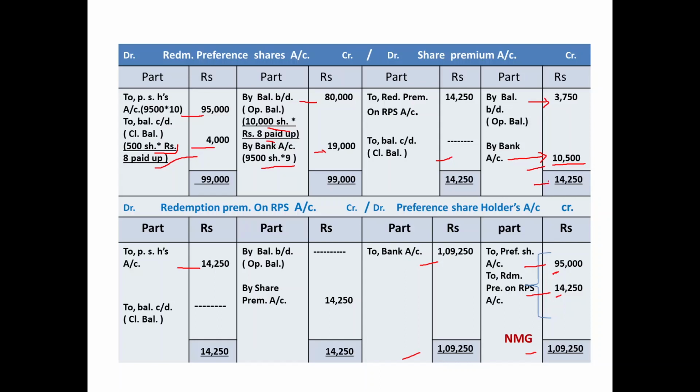So total 14,250. And this 14,250 has been utilized to write off redemption premium on RPS, for which we wrote the journal entry, share premium account debited to redemption premium on RPS credited. Share premium account is over. Redemption premium on RPS account is also over. So 4 ledger accounts got over.